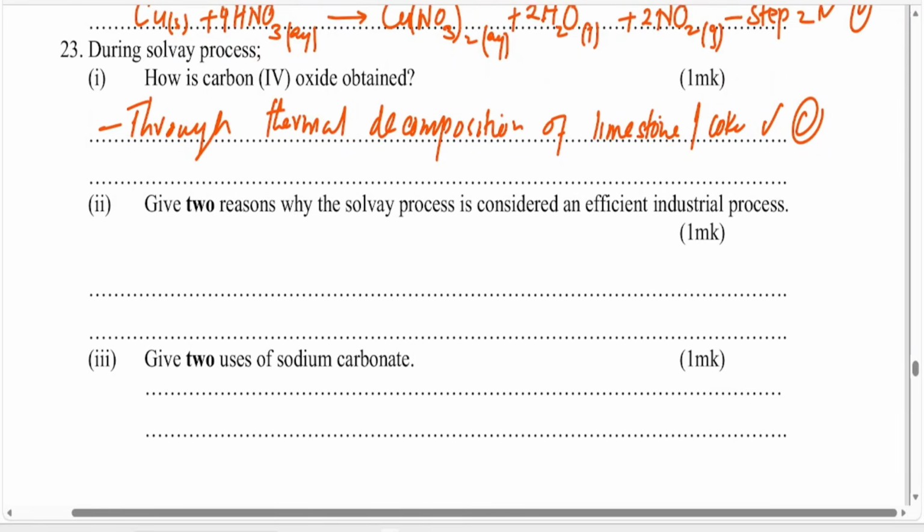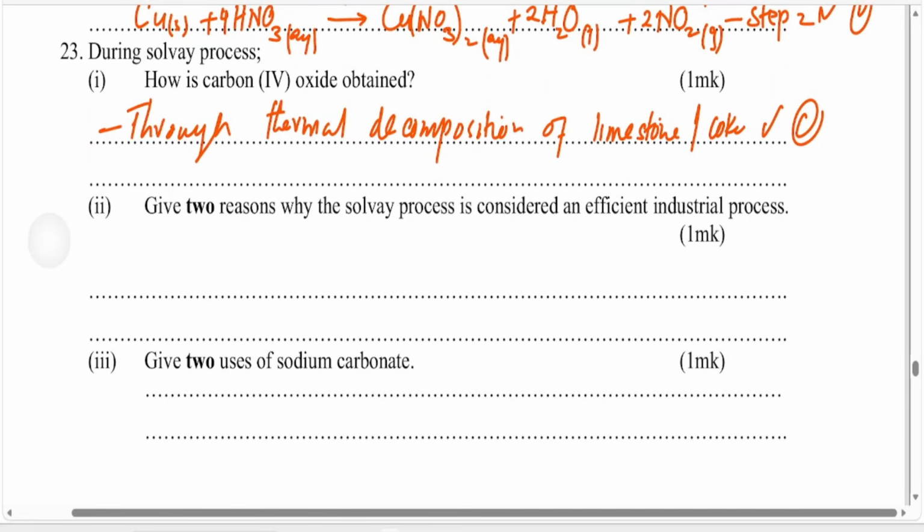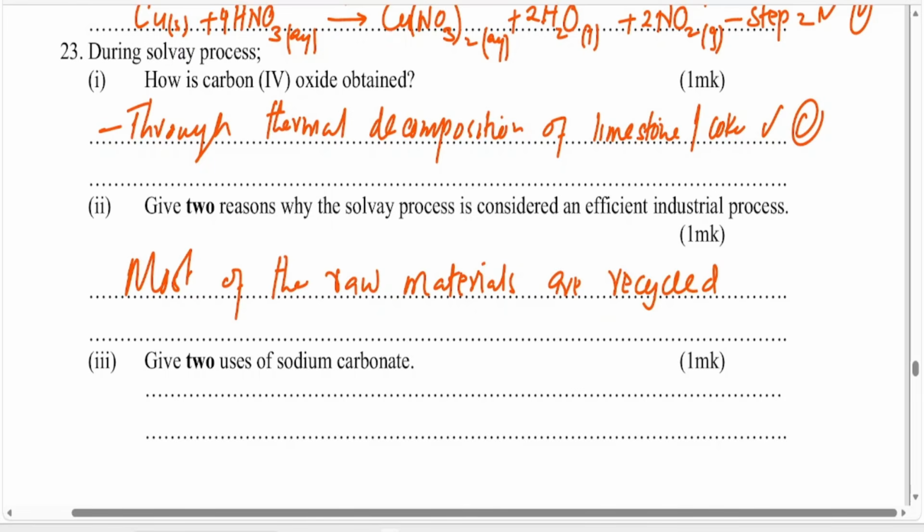Part 2 of question number 23. Give 2 reasons why the solvay process is considered an efficient industrial process. The solvay process is considered an efficient industrial process because most of the raw materials are recycled.